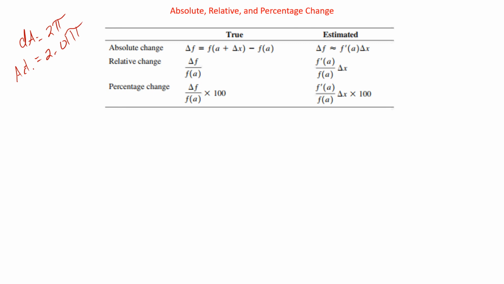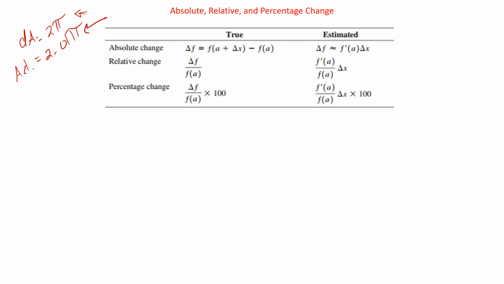We have absolute change. That's what we just found. The true was 2.01 pi. The estimated was the 2 pi. The absolute change is the actual change of y values.